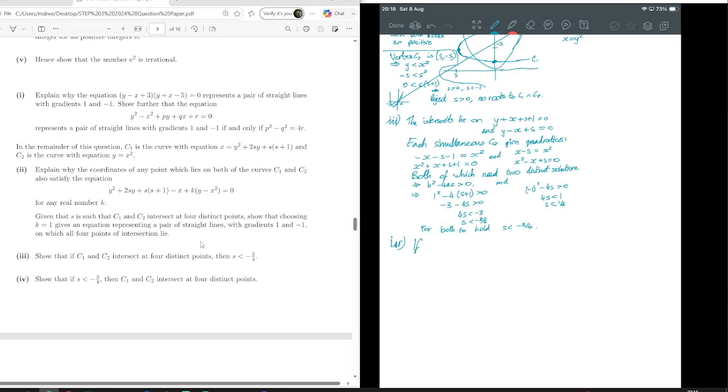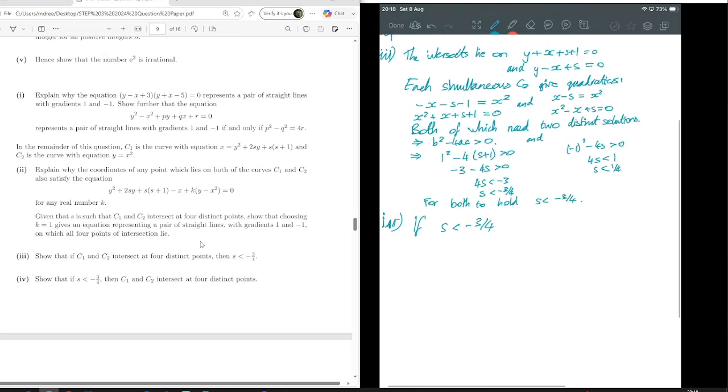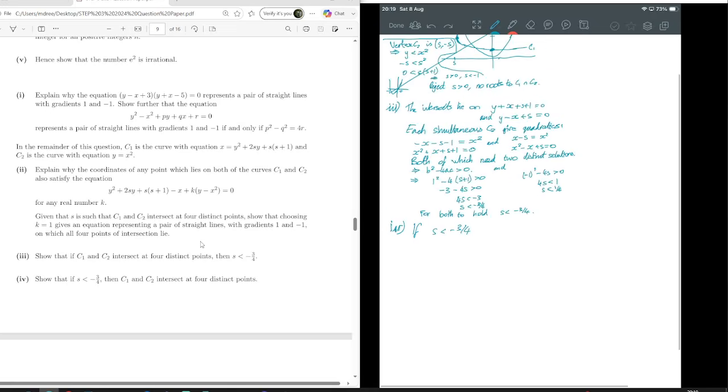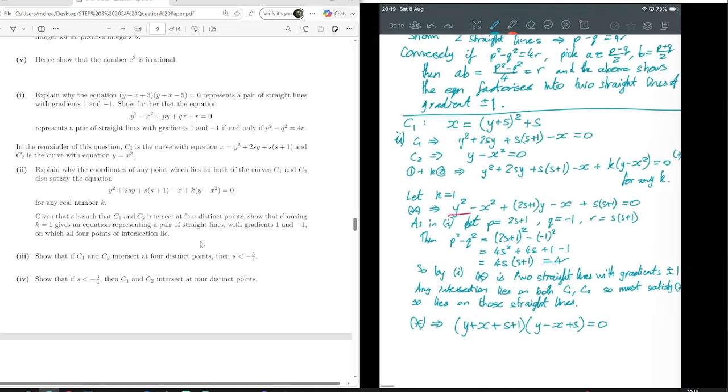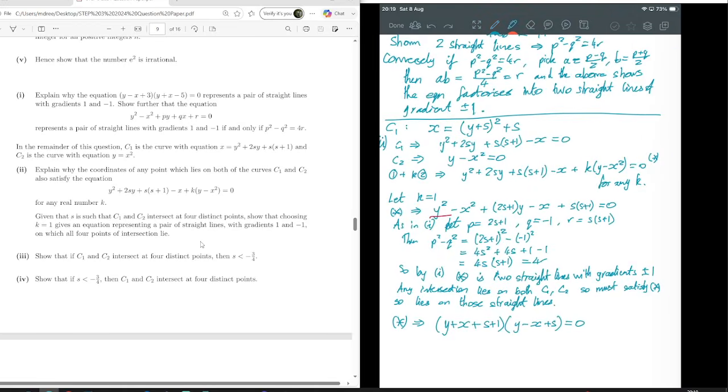So if s is less than -3/4, well, can't I just do this argument? We've shown that equation star, actually independent of the s, can always be factorized into two straight lines.